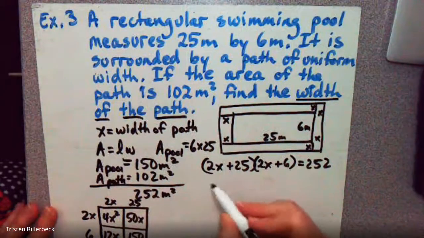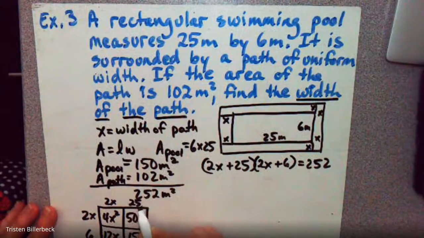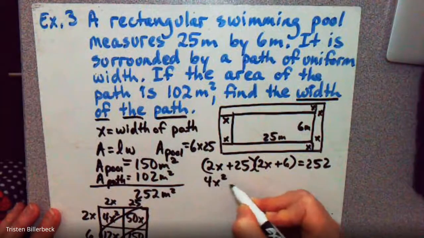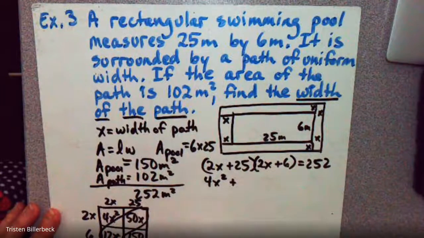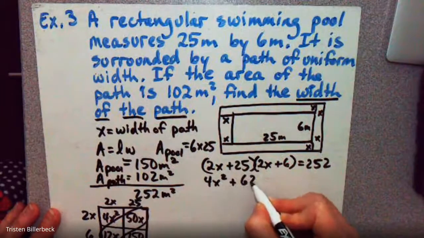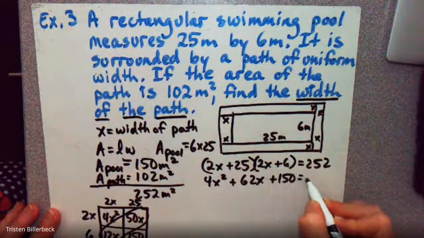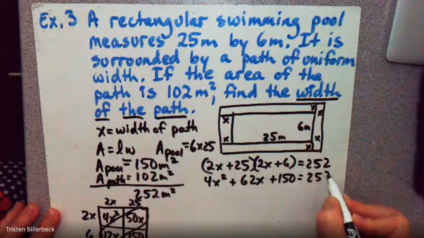All right, so we can combine these two because they're like terms. So that gives us 4x squared plus 62x plus 150 equals 252.